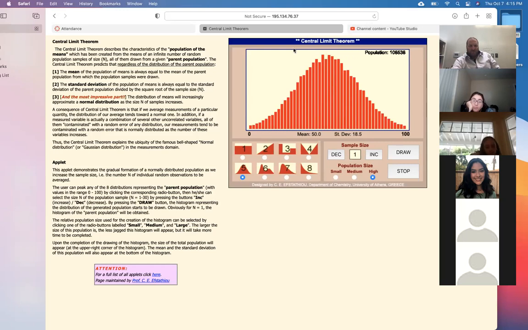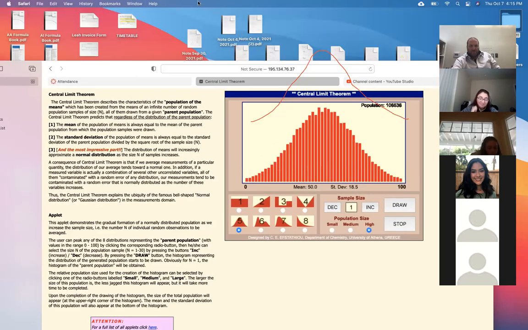Let's make a curve. Is that a good curve? That's a horrible curve. Hold on, I'll try that again. So let's make this curve. Okay, so the center, I'm using red.